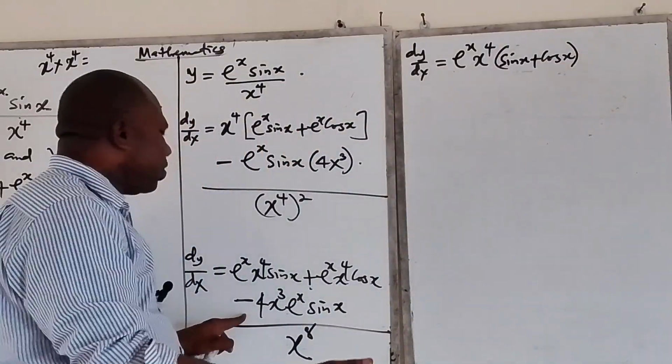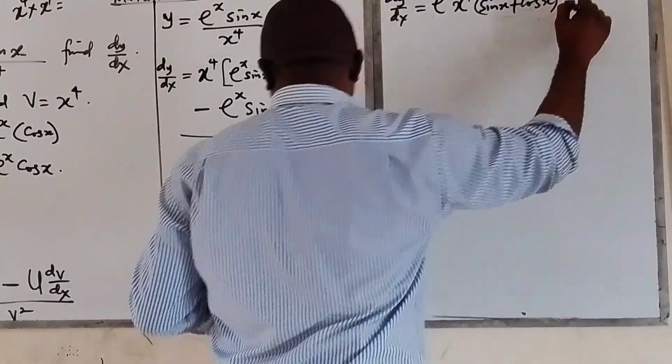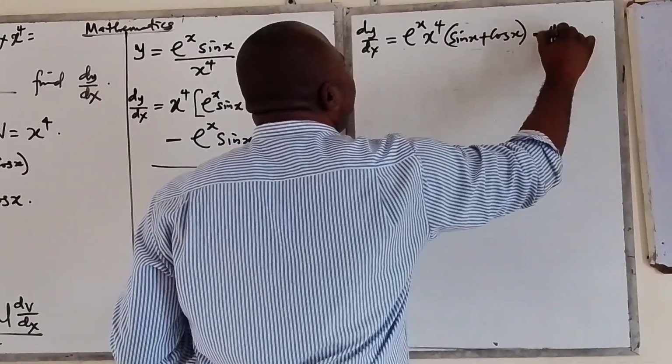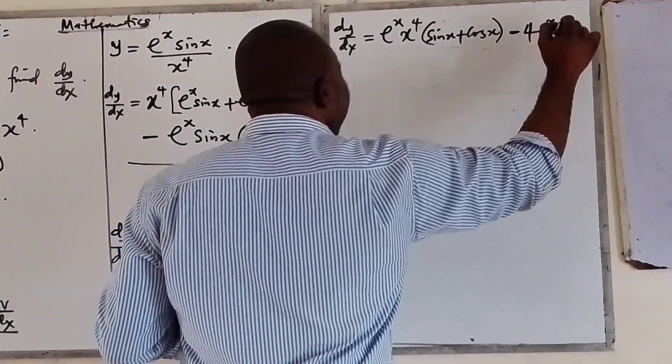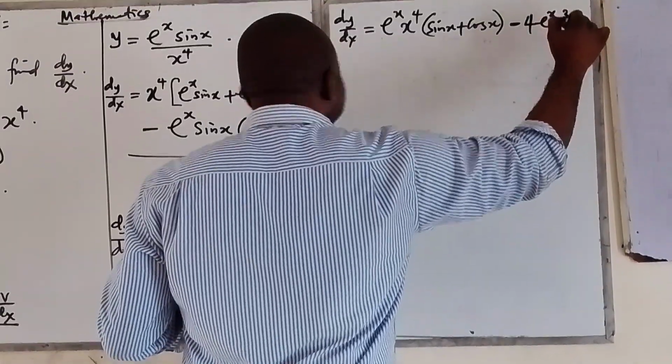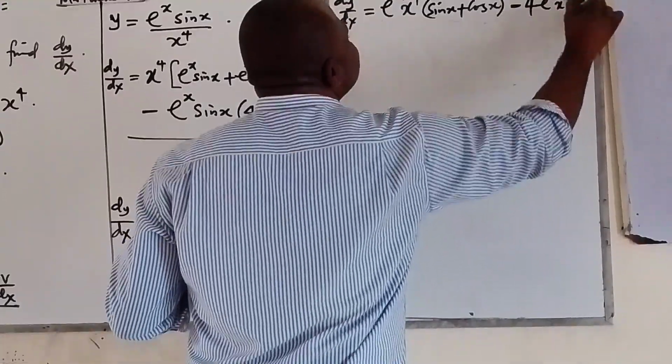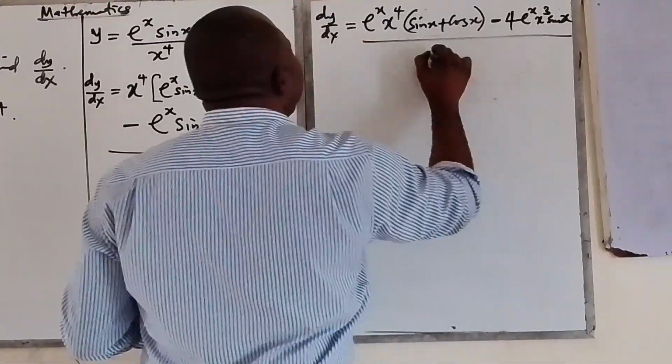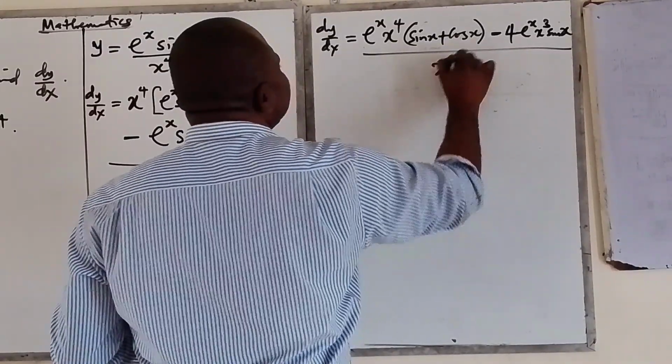Then here we have minus 4x raised to the power of 3 e power x sine x, all over x raised to the power of 8.